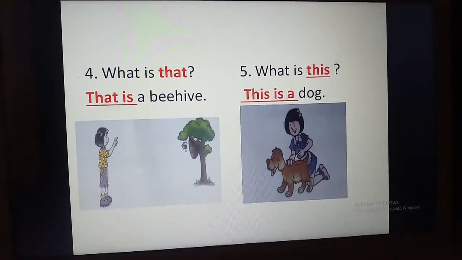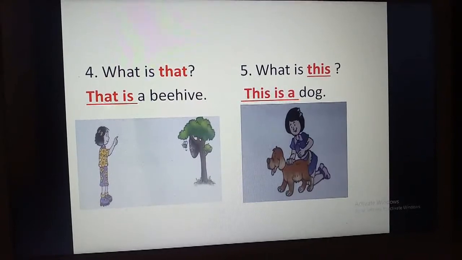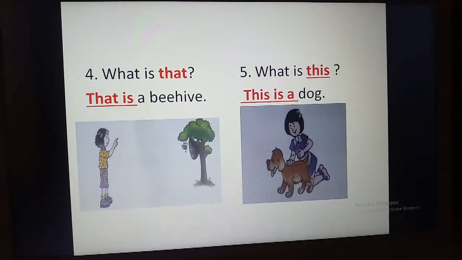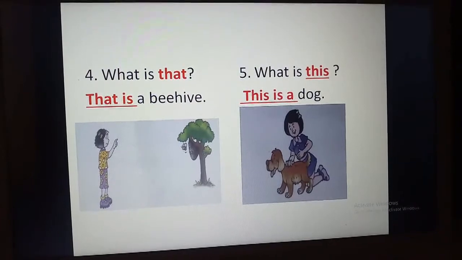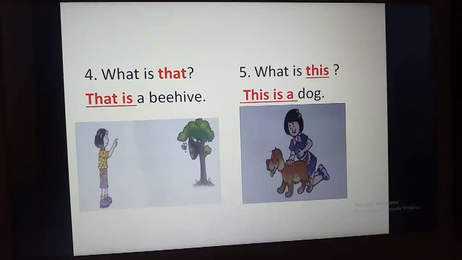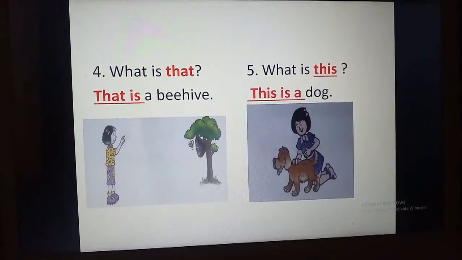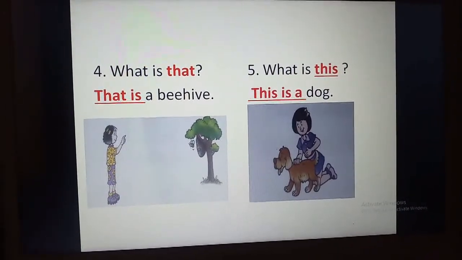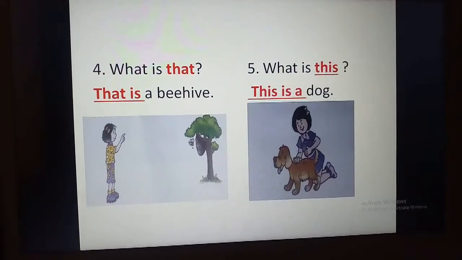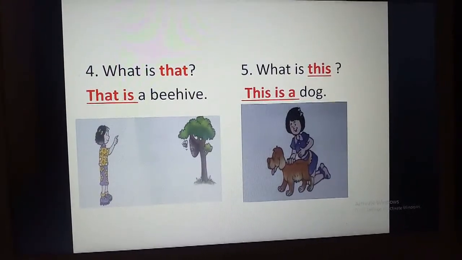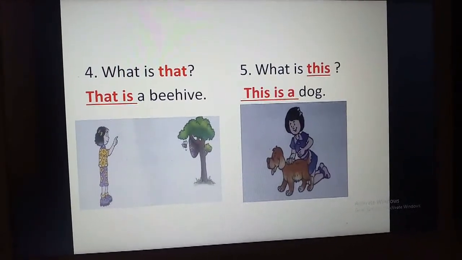Yes. Number 5, we have written this. What is this? This is a dog. Understood? If the thing is far, we will write that. And if the thing is near, we will write this.